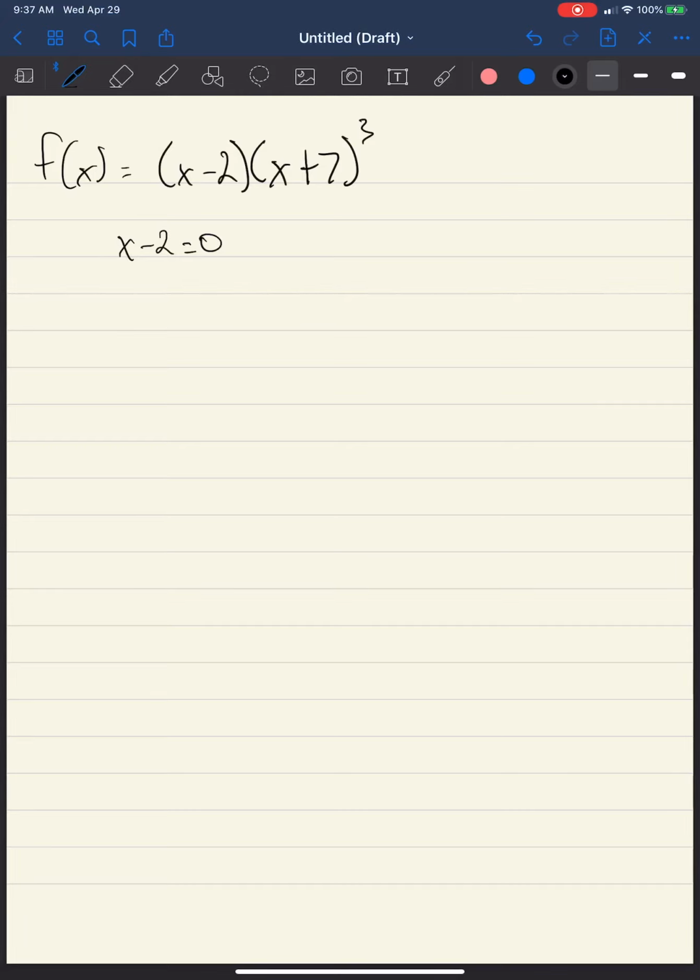That's right, it's going to be 3 times. x plus 7 equals 0, x plus 7 equals 0, and x plus 7 equals 0. And then we just solve for x on all of these, which are all nice and simple, and you only have to move one number. So x equals 2, and then x equals negative 7 three times.